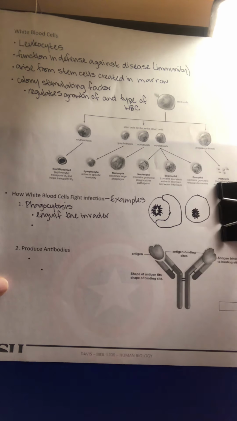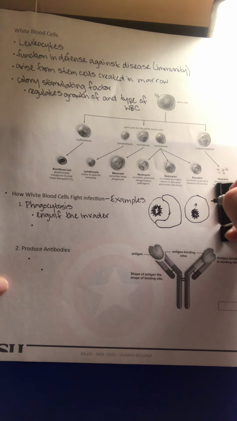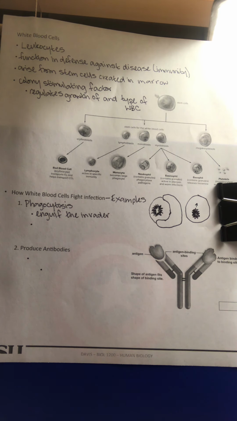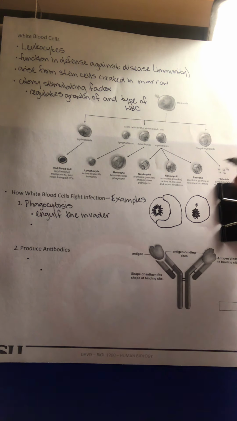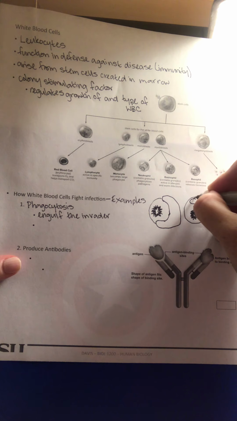There it is. And it's going to get sent to a lysosome. Remember that lysosomes are the sac of digestive enzymes within a cell. And so phagocytic white blood cells have lysosomes. That's my lysosome. There you go. Not creative with that one.